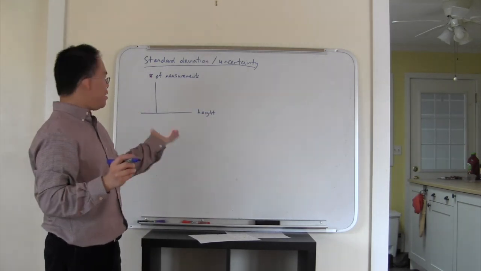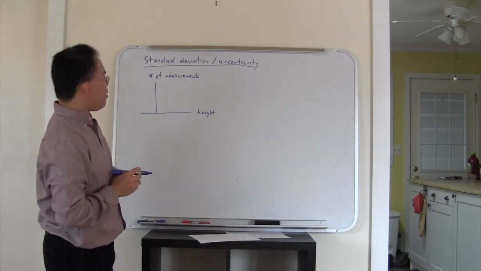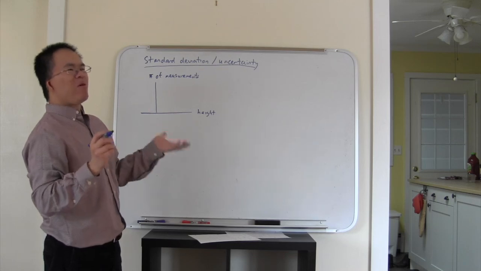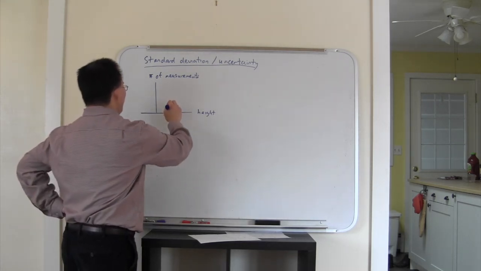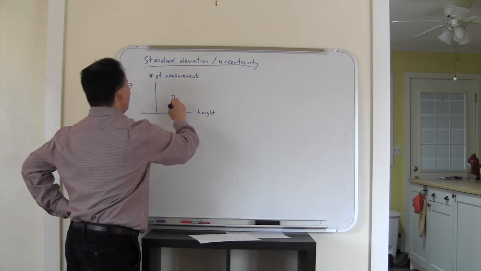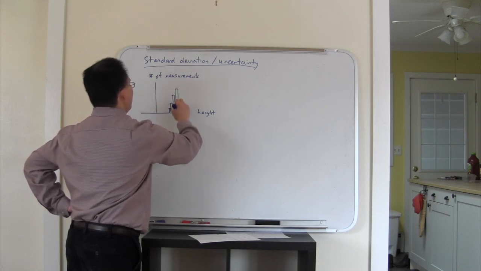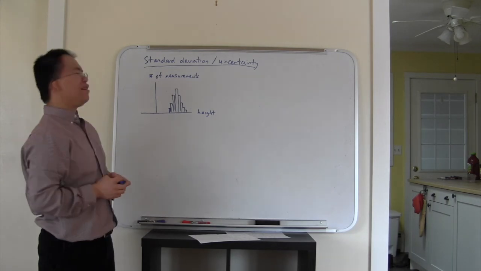We're in our class, right? We're all more or less not too far off from each other. Maybe we get something that looks like this. So there's some sort of narrowish distribution.